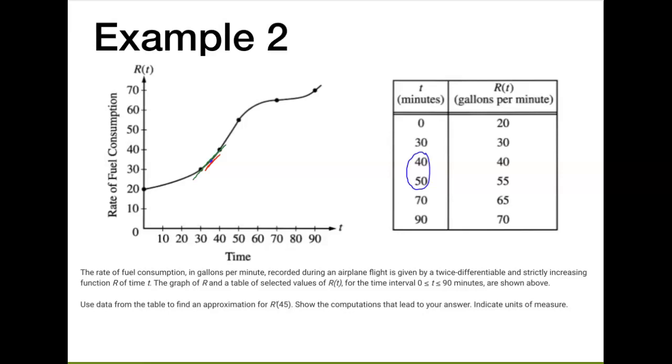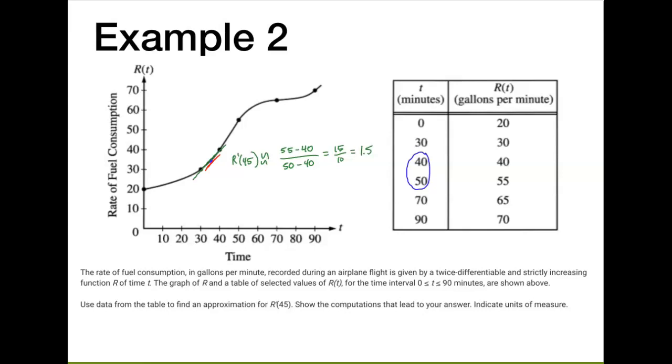I'm going to say r prime at 45 is approximately equal to, and we'll just do the y values, so 55 minus 40 over 50 minus 40, which is 15 over 10, which is 3 over 2, or 1.5, right? And to get units, remember it's units of the y-axis over units of the x-axis.